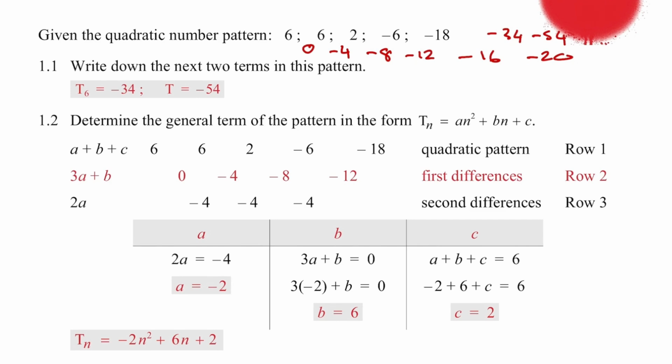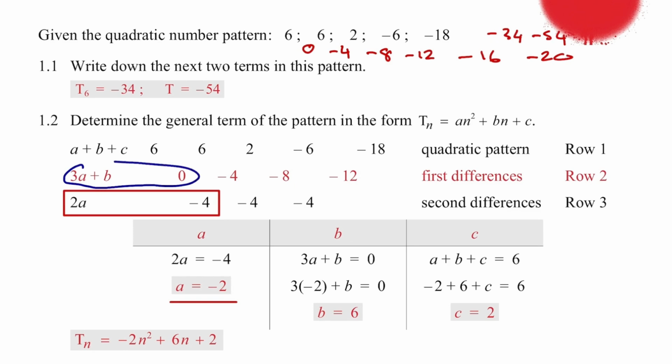Using our ABC method, we are going to generate the formula for question 1.2 by doing the following. We're going to start by recognizing that 2a is equal to minus 4. We are going to find that a is equal to minus 2. Then we are going to take 3a plus b equal to 0, and using that information and substituting the value of a, which we know to be minus 2, we are going to work out that the b value is 6.